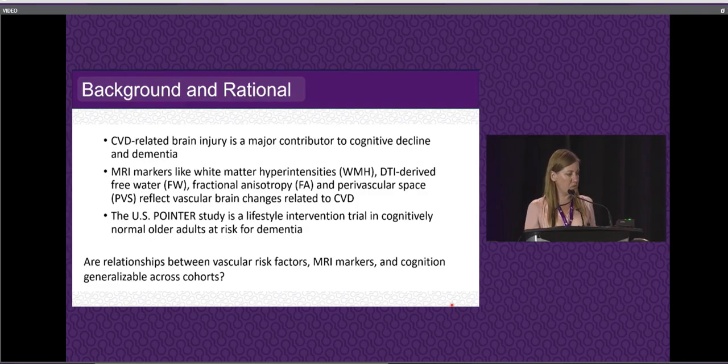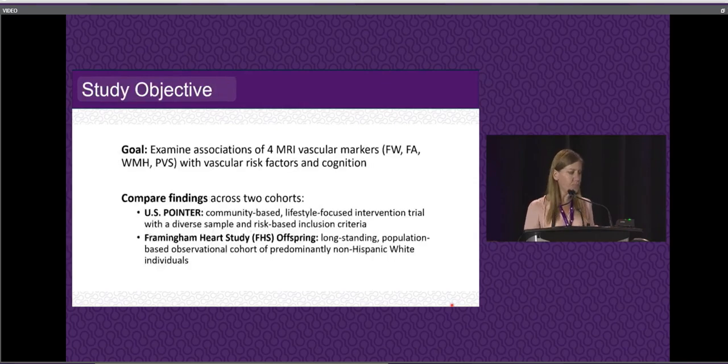And the US POINTER Study is a lifestyle intervention trial of cognitively normal adult participants at risk for dementia. Our key question was whether at the beginning of the study, before the intervention occurred, the relationship between vascular risk factors, these MRI markers, and cognition observed in the POINTER Study can be generalized to other populations.